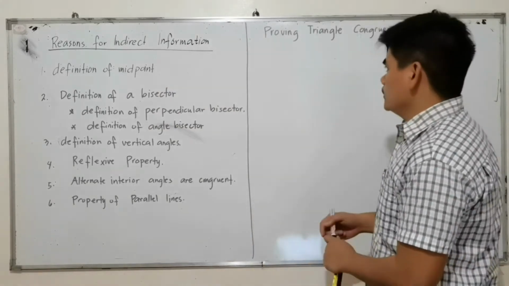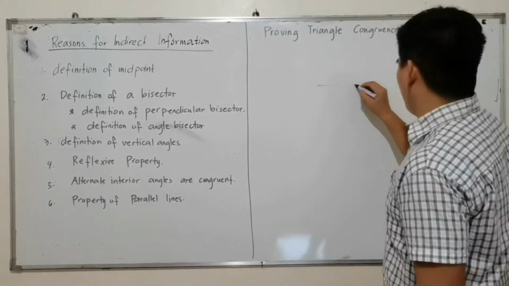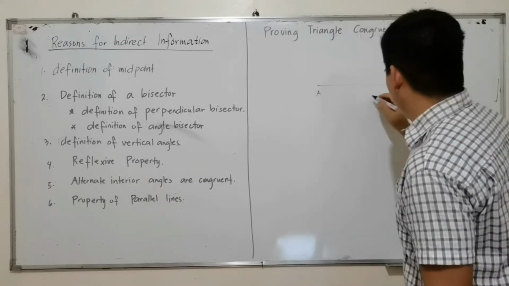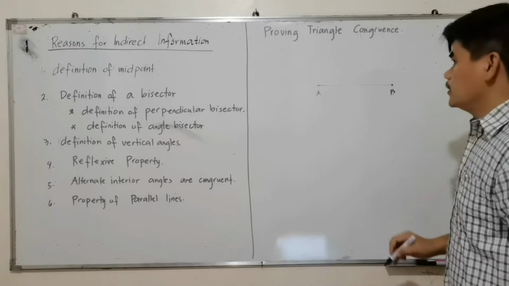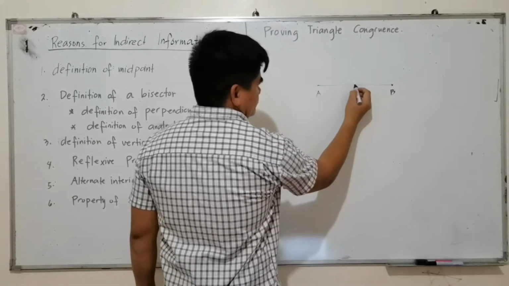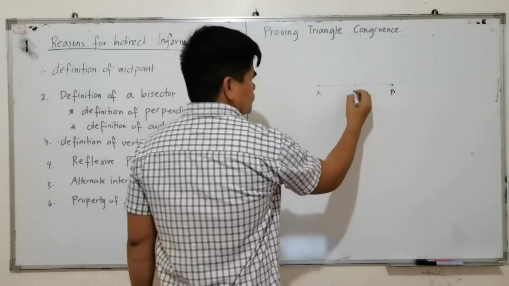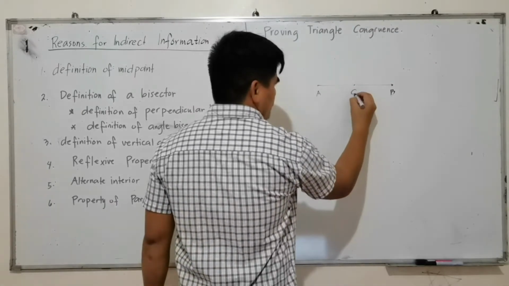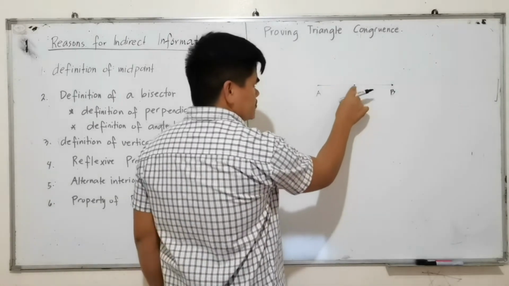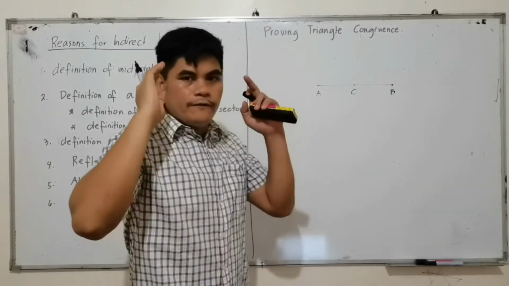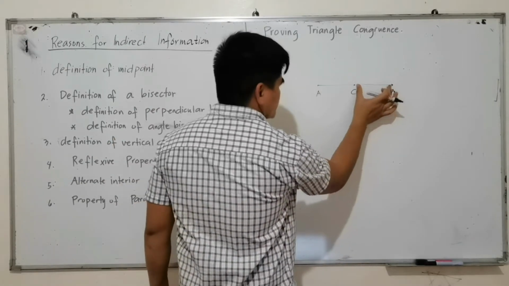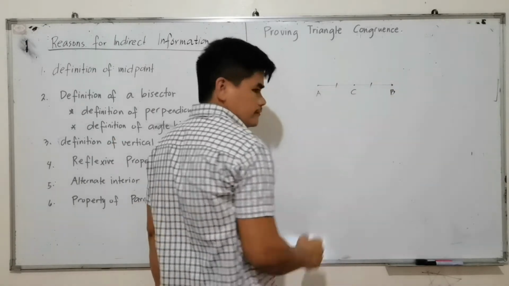When we say midpoint, for example, if this is point A here and point B here, the midpoint is the center. If I name this midpoint point C, then there are two segments that are equal.